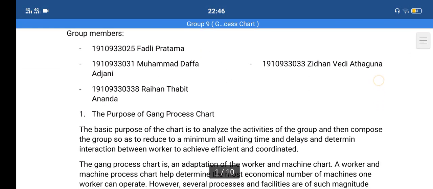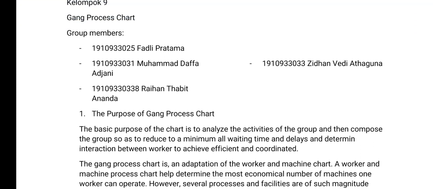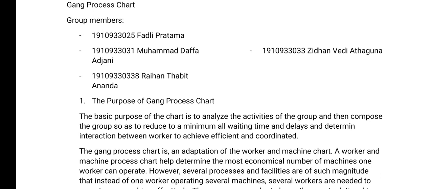The basic use or purpose is to analyze the activity of the group and then compose the group so as to reduce the minimum wait time and time delays and determine the interaction between workers to achieve efficiency and coordination.